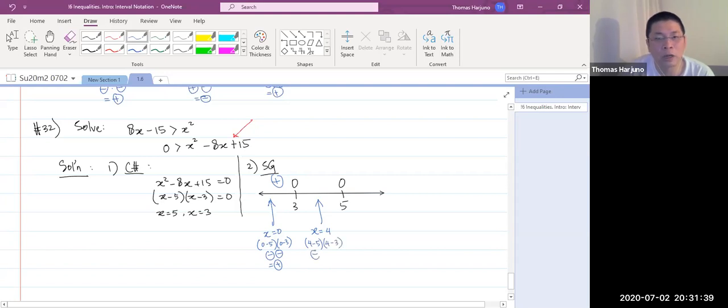So this is -1 times +1. Negative times positive is negative. And finally, let me pick x equals 10 here. You can choose 6 if you like. You will get the same sign anyway. So that's +5 times +7. The product is positive.